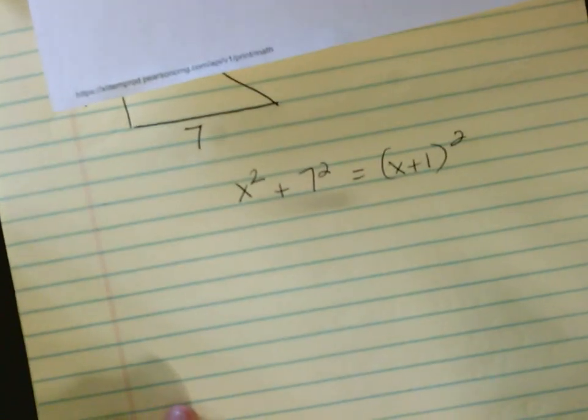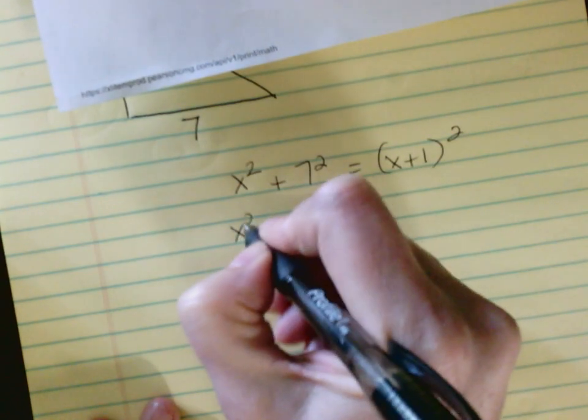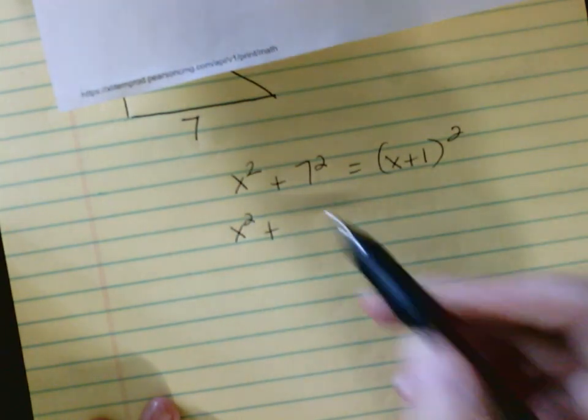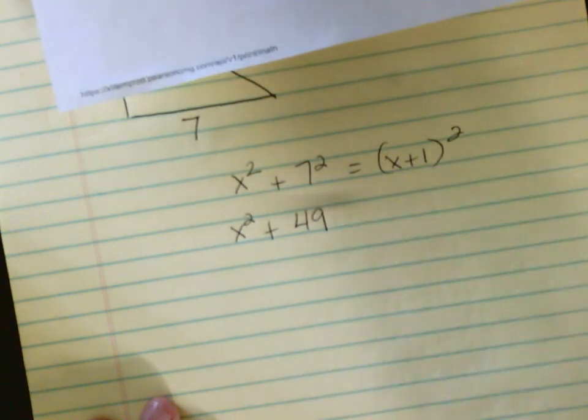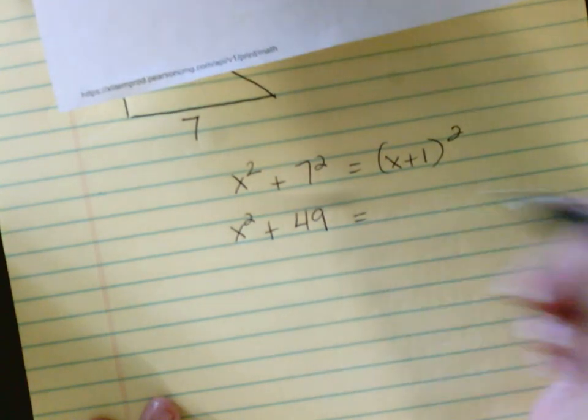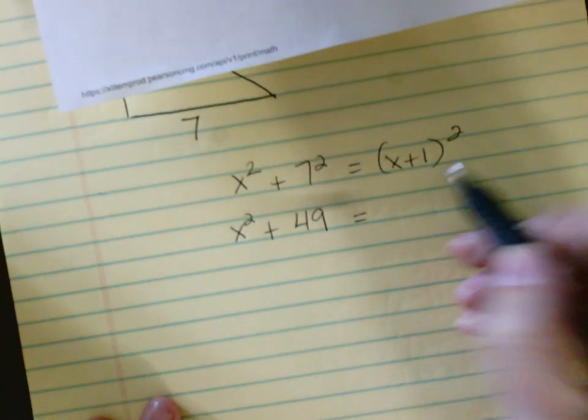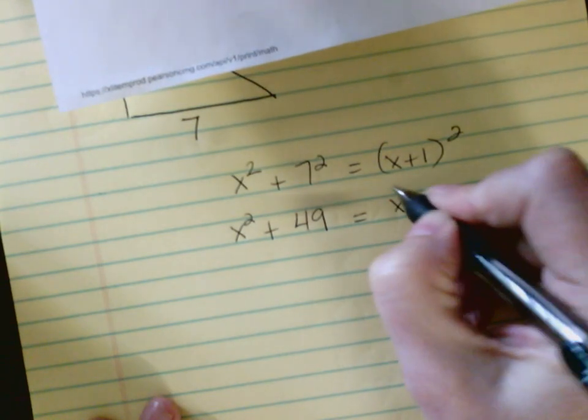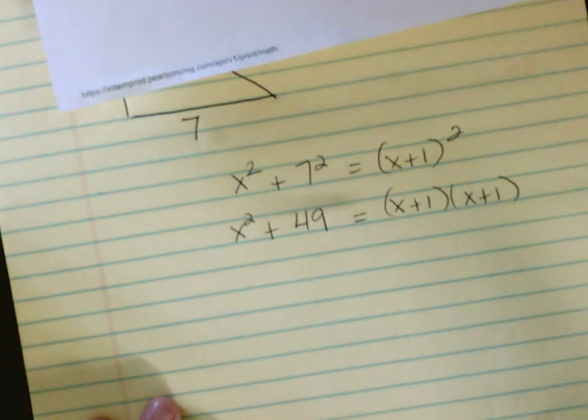All right, so let's simplify these two sides. I can't do anything with x squared. 7 squared just gives me 49. Equals this side, x plus 1 squared means x plus 1 times x plus 1.